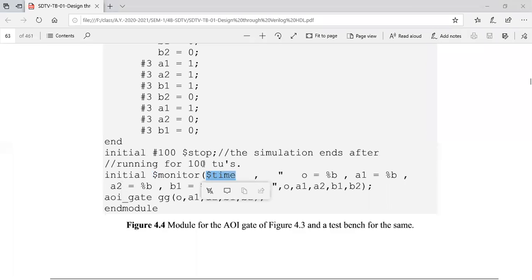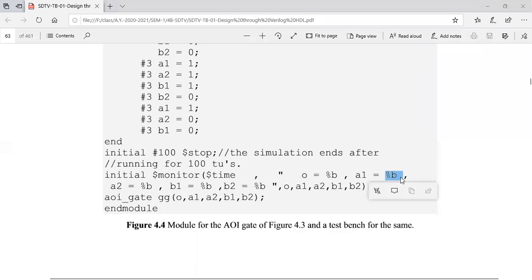Time is also system related, that's why I mention it with the dollar as well. Then a comma, and in between double quotes I mention O. O is an output of type binary, that's why I mention %b. A1 is an input.